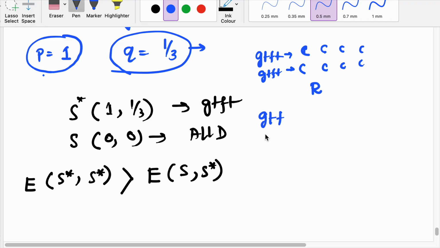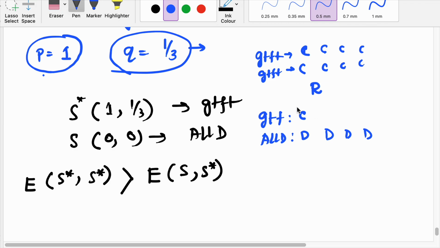And if GTFT plays against all D, in the first round it will play C. In the first round all D plays D, and no matter what GTFT plays, all D will always play defection.